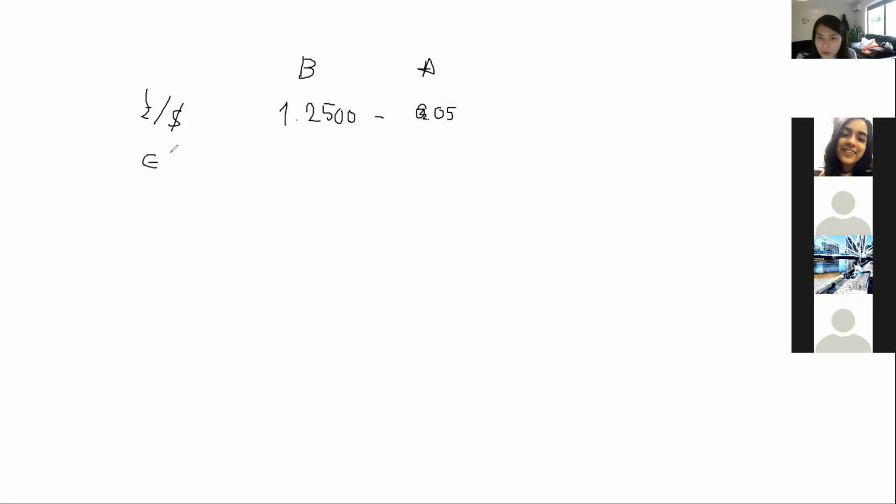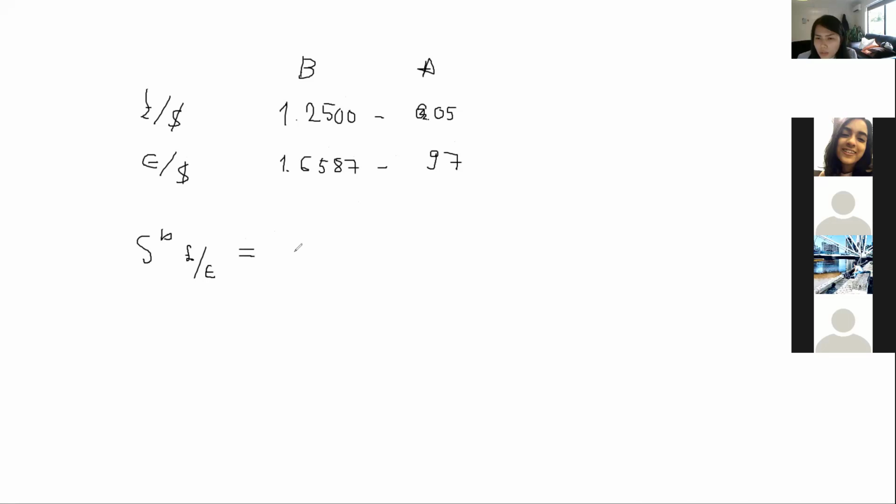With my euro versus dollars exchange rate, it's going to be 1.6587 and 1.6597. Okay. Now let's say we want to find the bid rate for the pound versus the euro exchange rate.